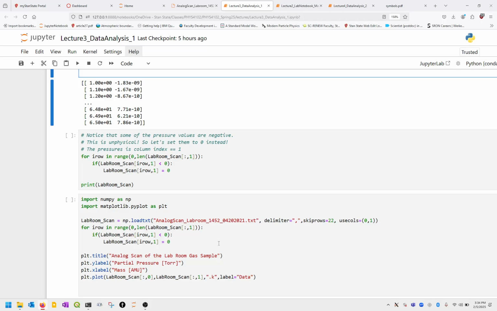I'm going to use the range function, so this is a range from 0 to the length of this data set. This is a new thing that I'm trying to teach you guys: the way that Python organizes things in a 2-dimensional array. This is a 2-dimensional array because it has 2 columns and about 1,000 rows.